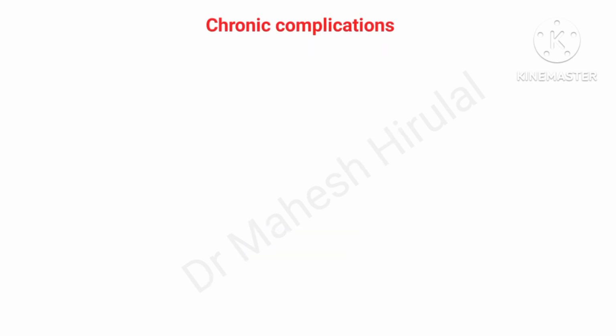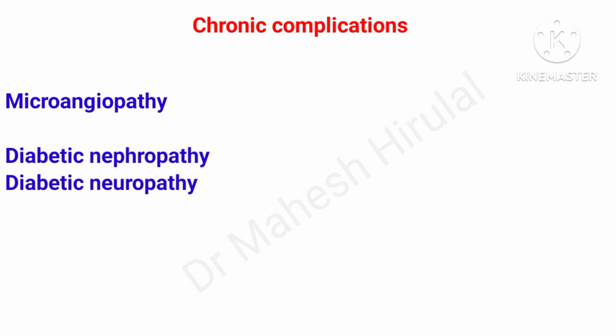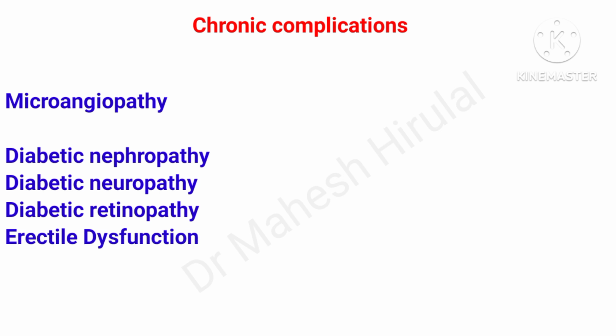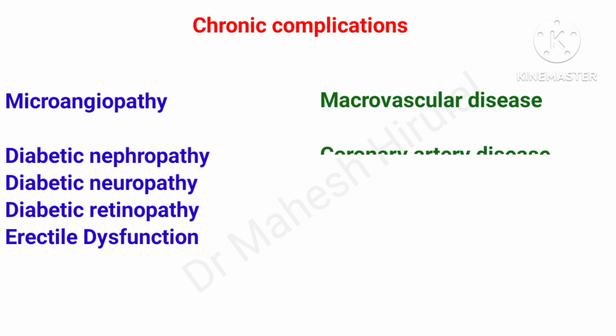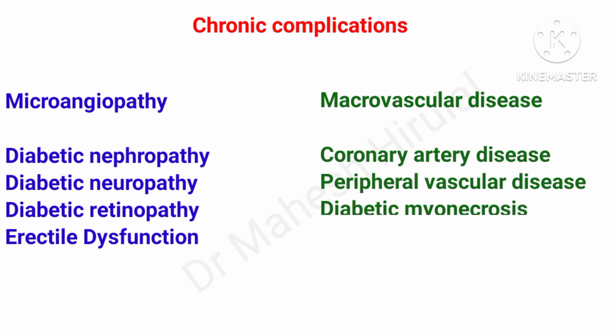Diabetes mellitus may lead to chronic complications like microangiopathies, such as diabetic nephropathy, diabetic neuropathy, diabetic retinopathy, and erectile dysfunction. Chronic diabetes will also lead to macrovascular complications like coronary artery diseases, peripheral vascular disease, and diabetic myonecrosis.